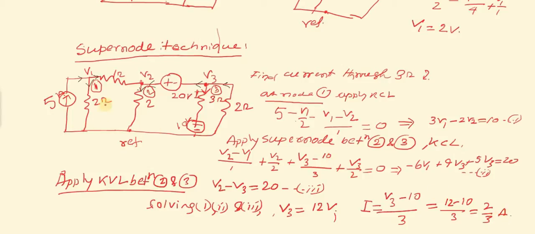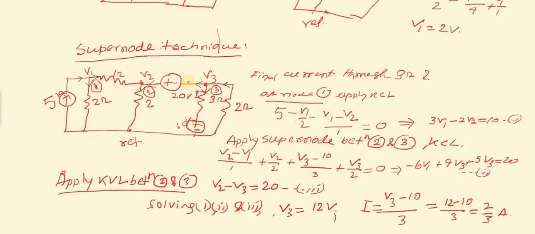So this is how a supernode technique is applied. You need to follow this technique to find the supernode value in a similar type of problem. Just in case of nodal analysis applying supernode, remember that whenever there is a voltage source, whether a dependent or an independent source, you apply a supernode between those nodes by assuming there is no voltage source there, just a shorted line.